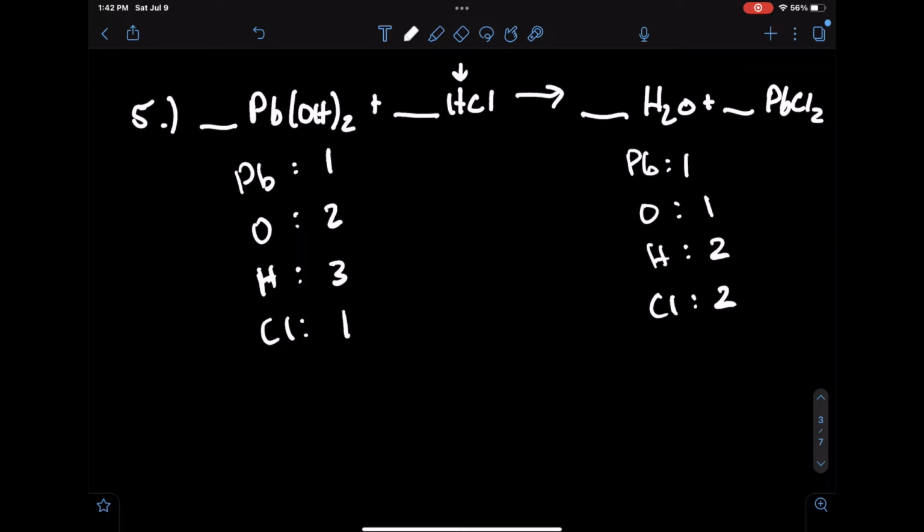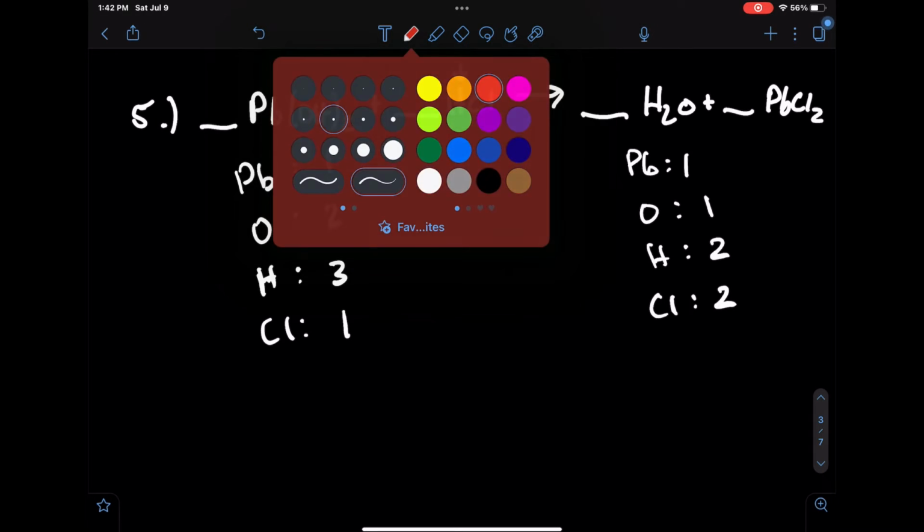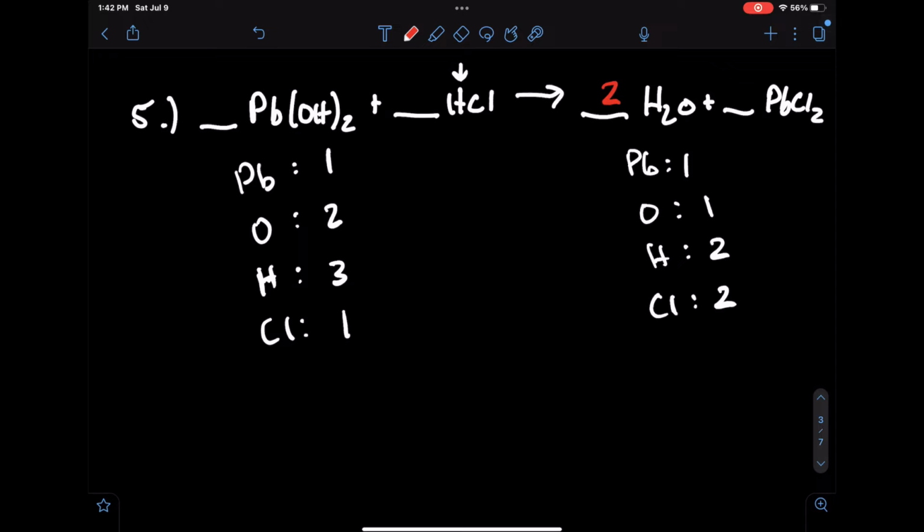So to begin this one, you can start by just kind of plugging and chugging. However, it's easiest to go ahead and balance the hydrogen and oxygen first. So we have 3 hydrogen on the left and 2 on the right. So we're going to go ahead and put a 2 in front of the H2O, which will now change our hydrogen to 4 and our oxygen to 2.